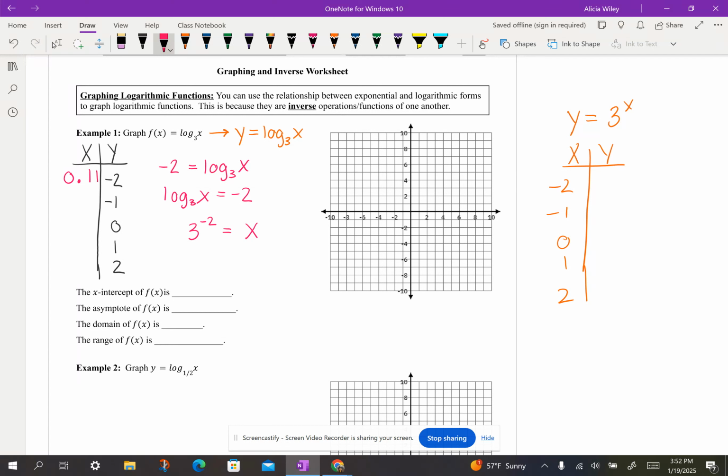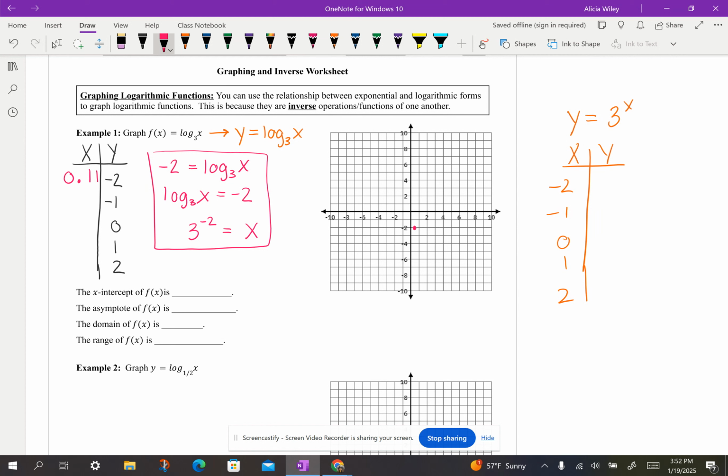It doesn't really matter. But you can see now I have the ordered pair 0.11, -2, which is going to be somewhere right here. Okay, and so then please go ahead and pause this video, and I want you to do this on the rest of these. So go ahead and give those a try.